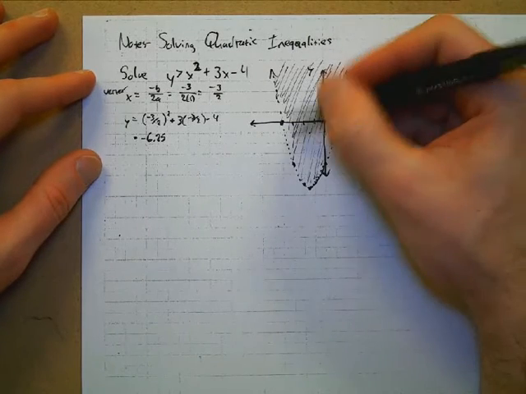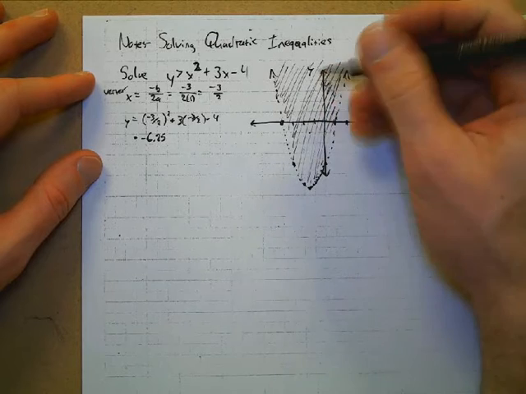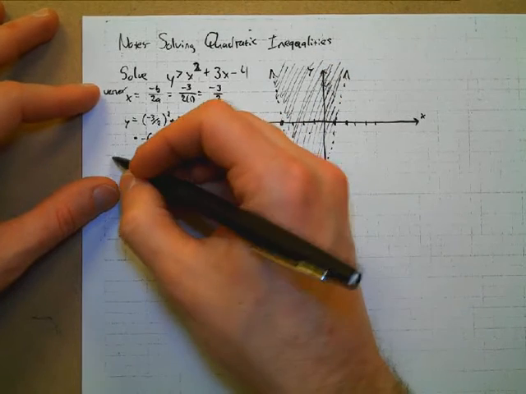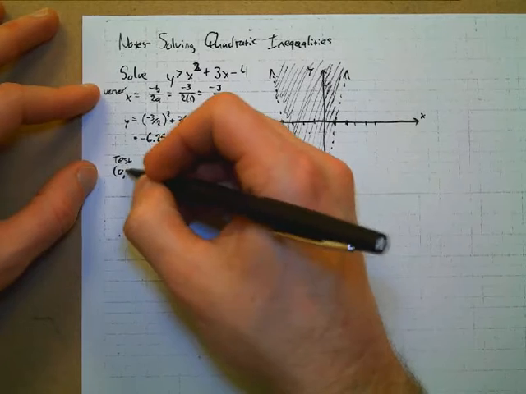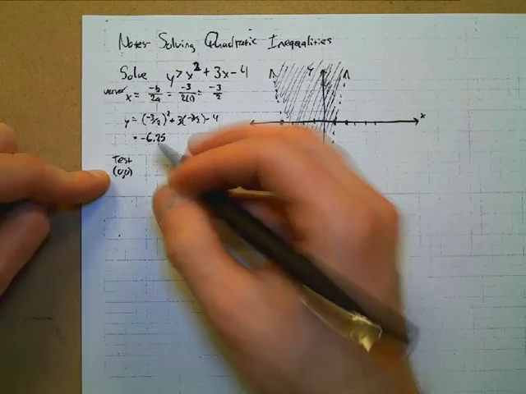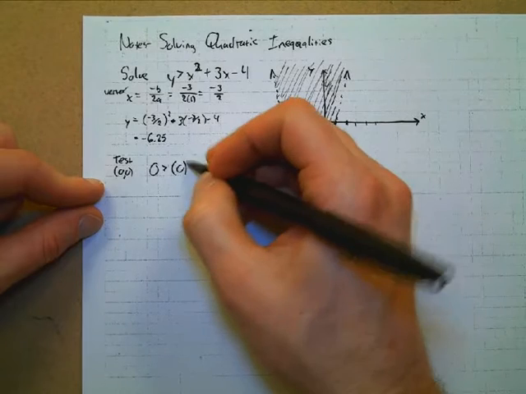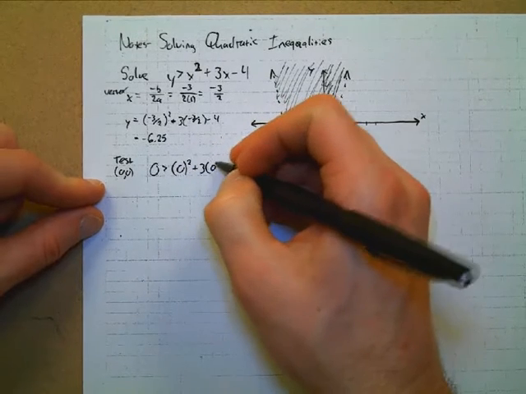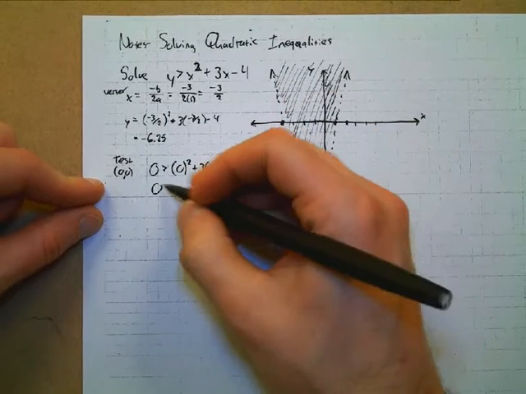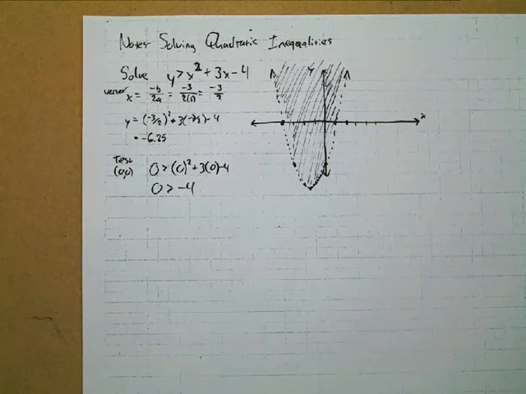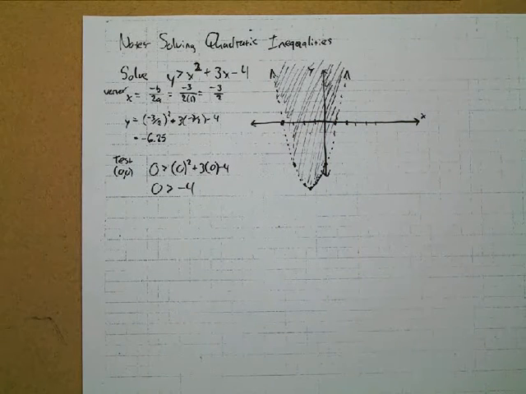If you test the point 0, 0, then we'll have 0 for the y coordinate is greater than 0 squared plus 3 times 0 minus 4, and so we'll have 0 is greater than -4. Okay, and is 0 greater than -4? Yeah, and so since 0 is greater than -4, this point 0, 0 works. It's part of the solution, and so that means we shade inside.